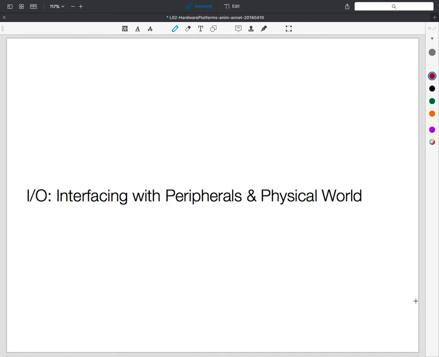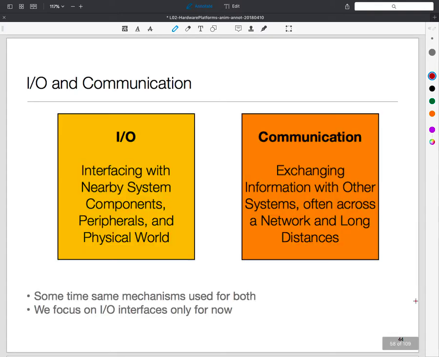So besides constraints like time and energy, the other key attribute of embedded systems is that they interact with the outside world, either to measure it or to affect its state, through some sort of actuator, like a robot arm doing something or a motor moving. And then they also talk to other computers over a network, right? So broadly, you have communication and I/O and all these things which get lumped under the same category.